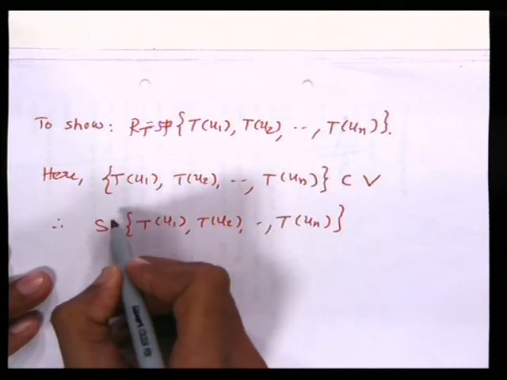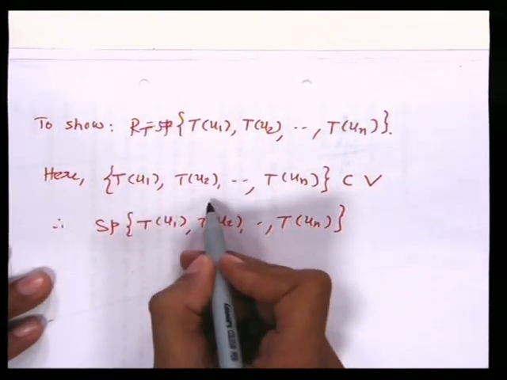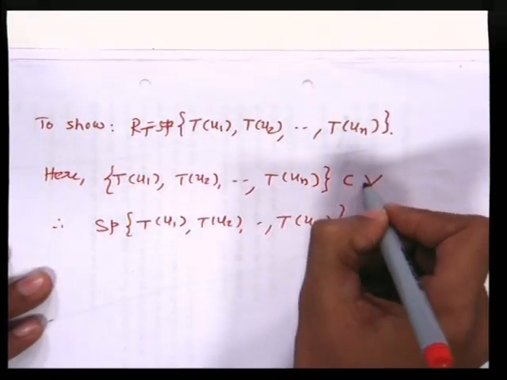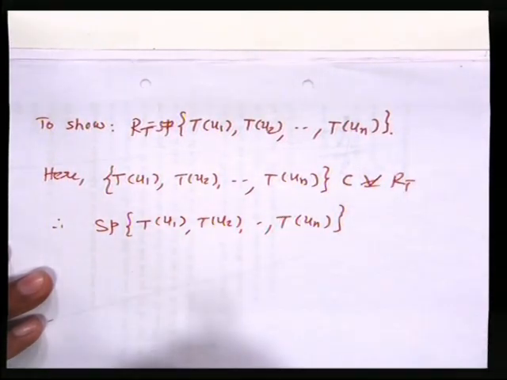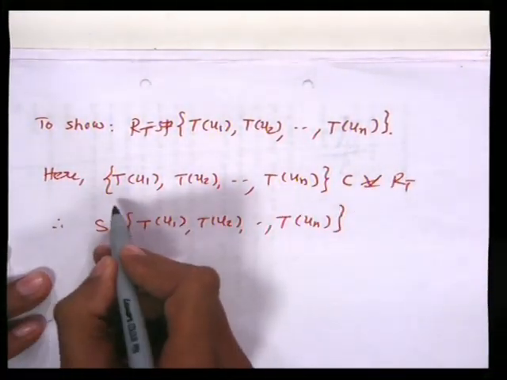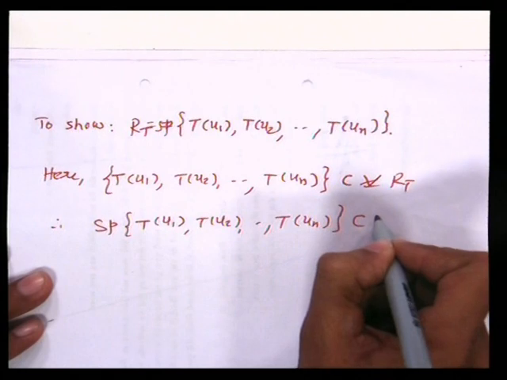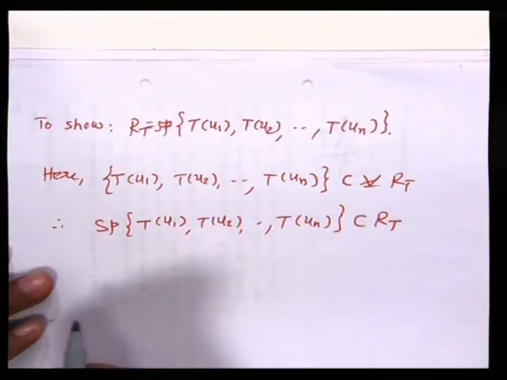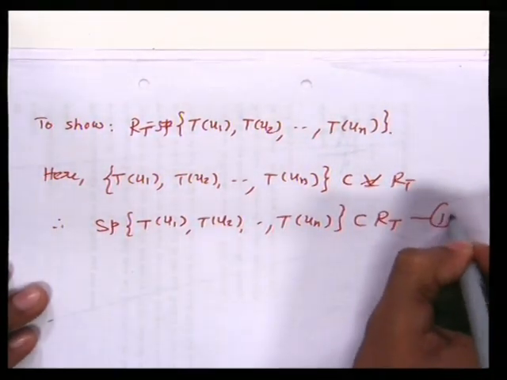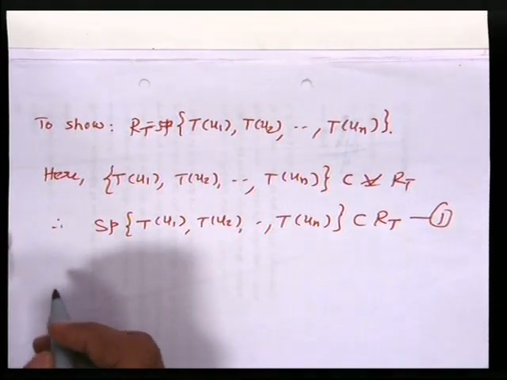Here I can more precisely say T(u1), T(u2) up to T(un) is a subset of R(T) instead of V. Then the span of this set is also a subset of R(T), as R(T) is a subspace.